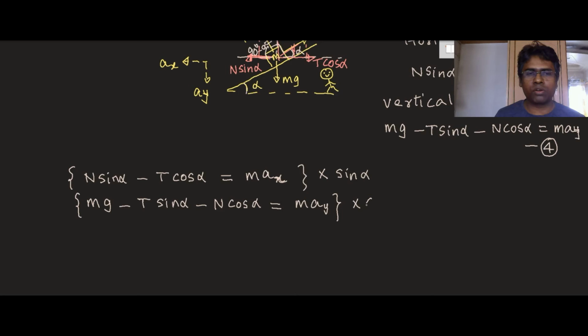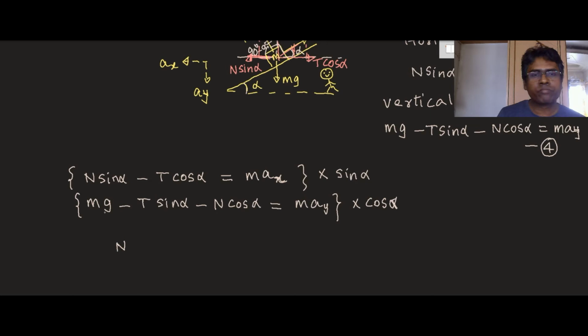So what do I get from the first equation? I get N sine square alpha. From the second equation, because I'm subtracting, I have minus N cos square alpha. So when I add them, I get N into sine square alpha plus cos square alpha. I'm sure you know this identity, which is 1, so I simply have N here.